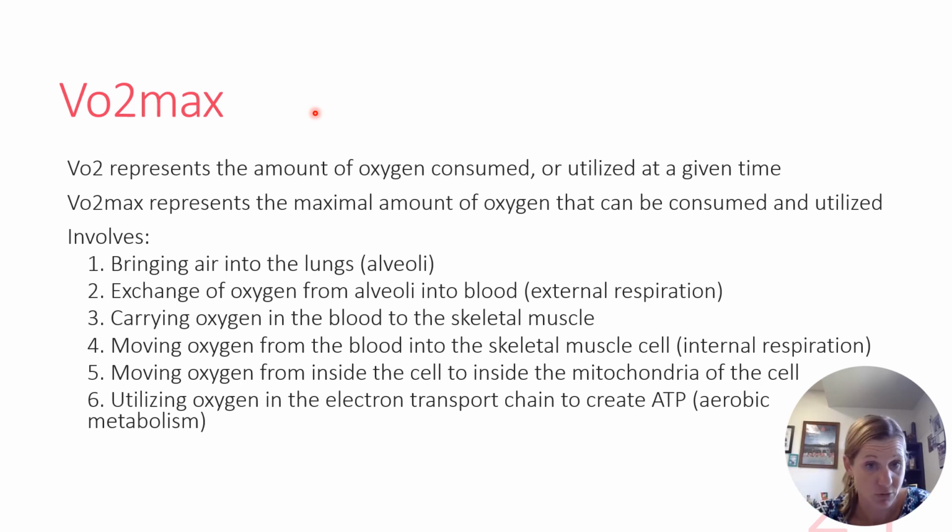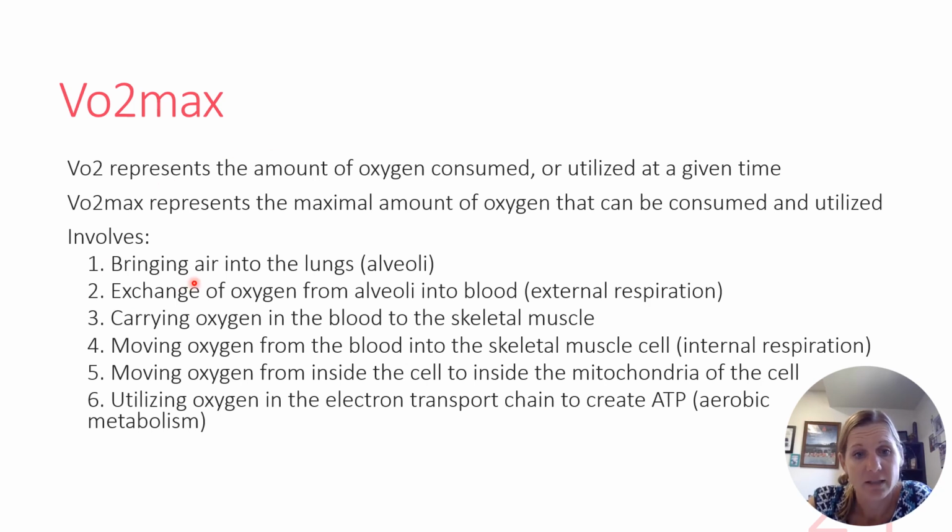This represents the maximum amount of oxygen that anyone can utilize. But there's a lot of things going on here. This is super complex. So what are all the elements that are important in determining our VO2 max?